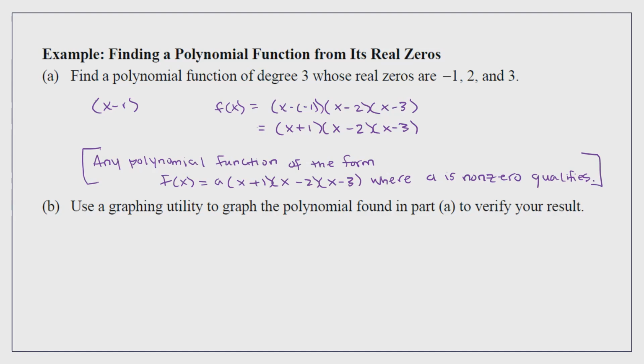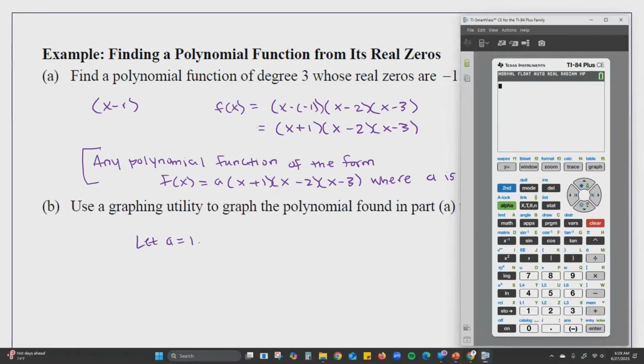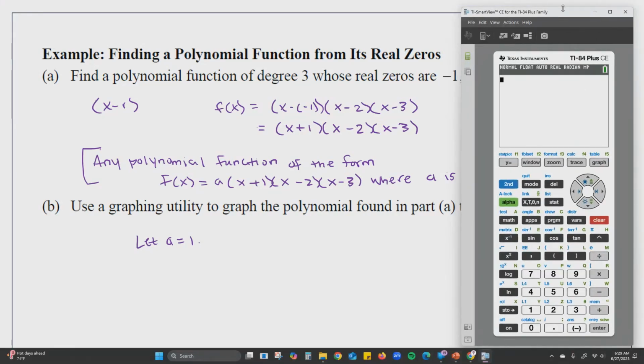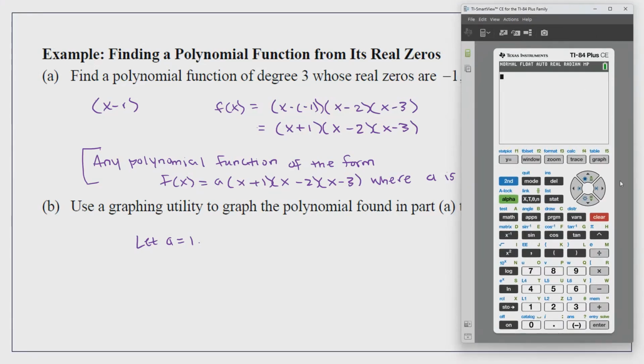All right. So let's use a graphing utility to graph the polynomial found in part A to verify our result. And in this part, we're just going to let a equal 1 for right now. All right, so let's graph. Okay, so I have my calculator, and we are going to graph our function.